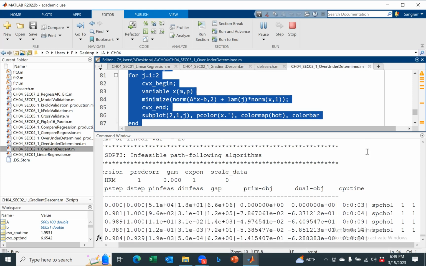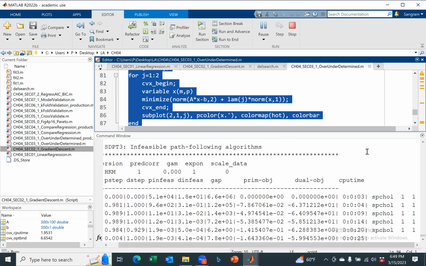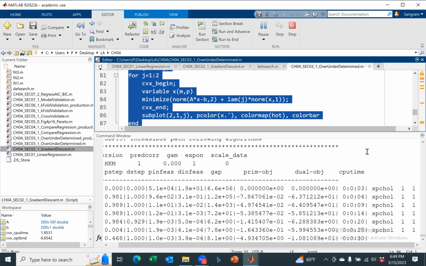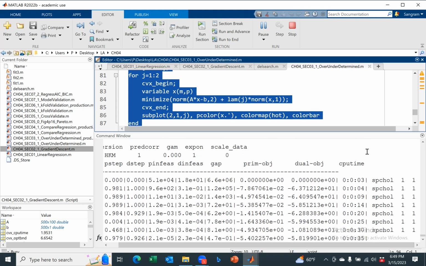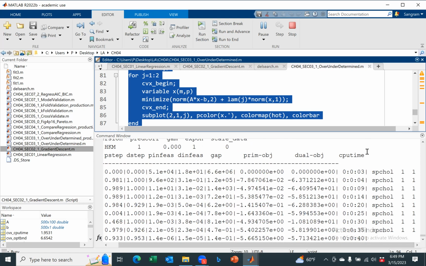optimization is the cornerstone of regression. And machine learning is dependent on sort of regression. So optimization is an important aspect of machine learning.